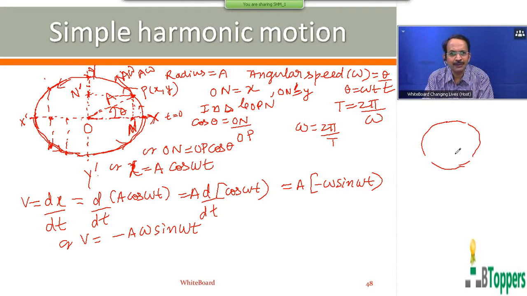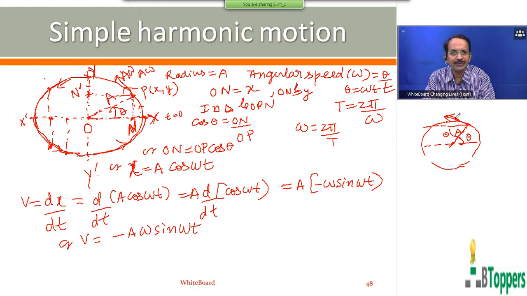I am showing a separate figure showing the components of the velocity of the particle moving in the circular path, parallel to the diameter x dash x and the other diameter y o y dash. This angle is theta. This velocity acts along the tangent to the circle, perpendicular to the radius a, so this angle is again theta.